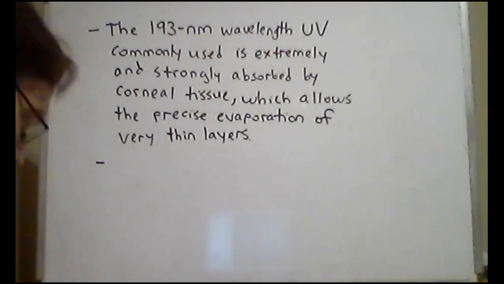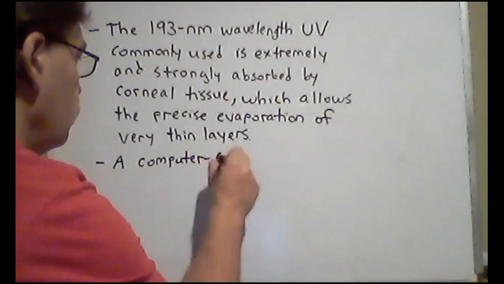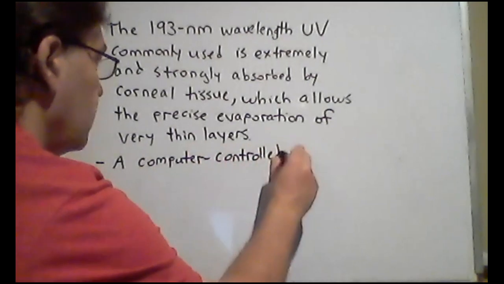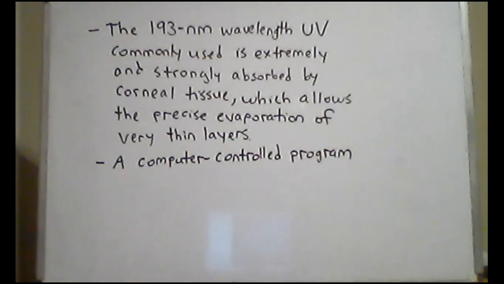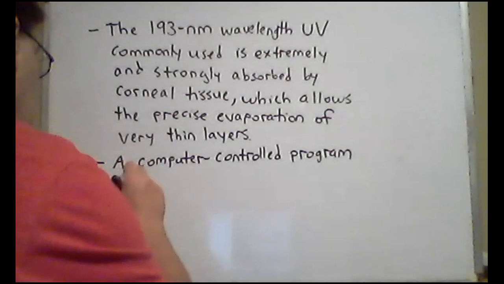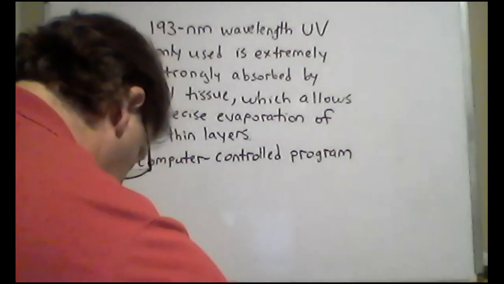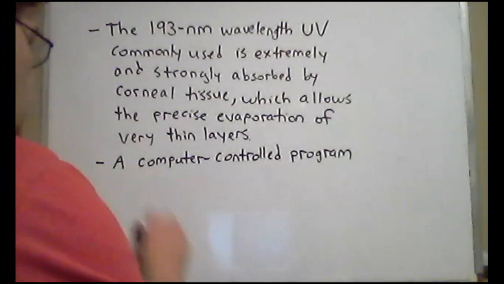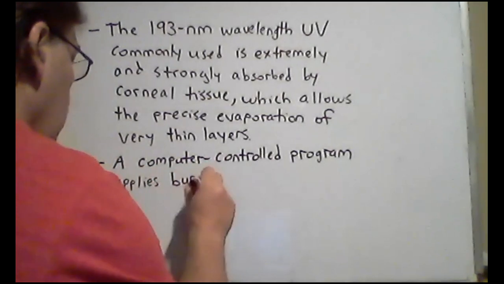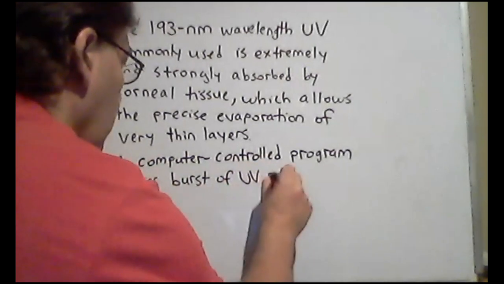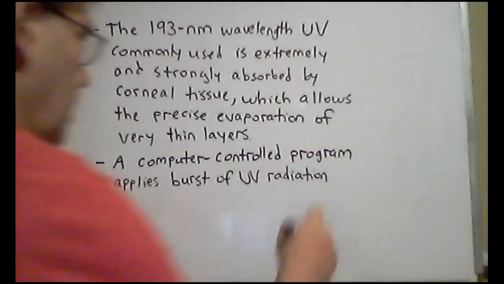A computer controlled program applies bursts of UV radiation, usually at a rate of about 10 per second.